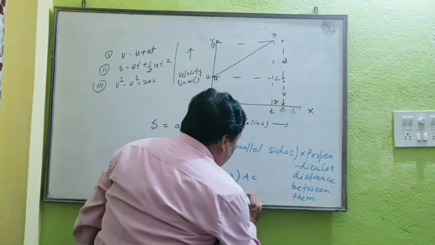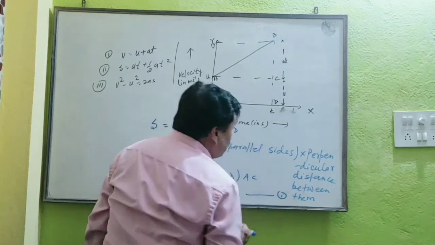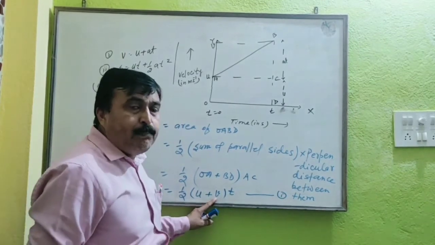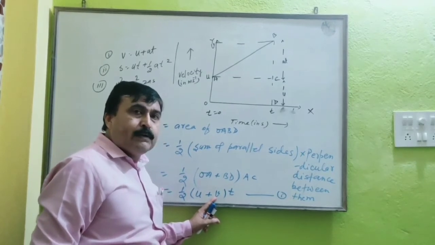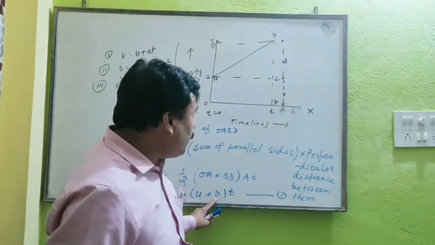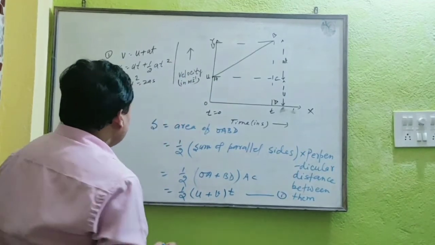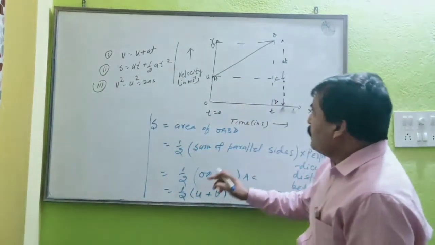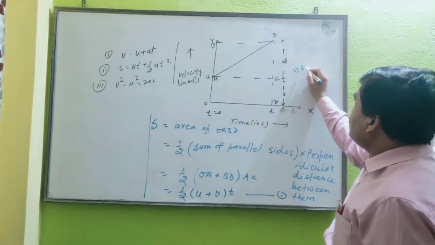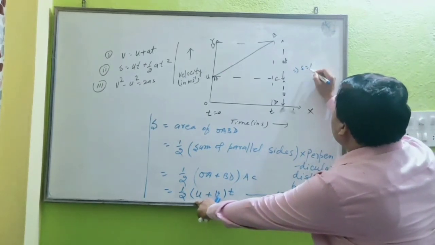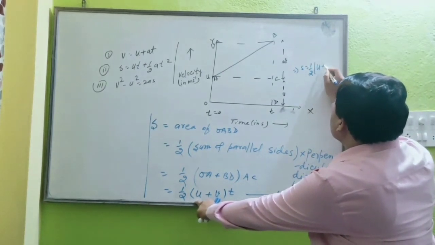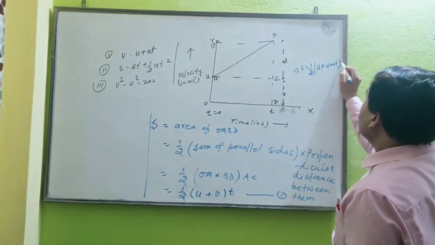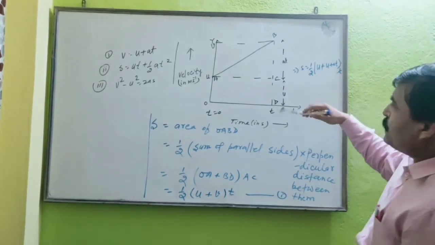We suppose this is the first equation, and here we will put the value of v from the first equation of motion. So s equal to half u plus at into t.